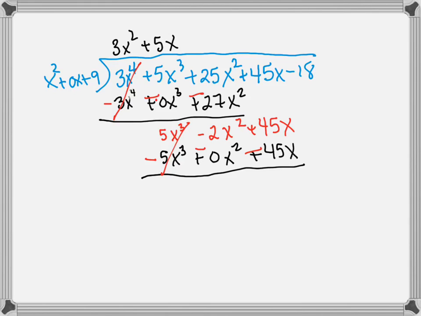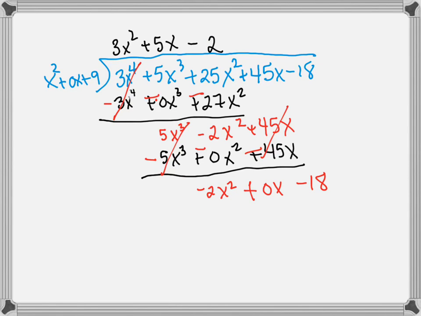I'm going to subtract these, so I will change all the signs and add going down. My x cubes cancel. I have negative 2x squared minus 0x squared is negative 2x squared. I have 45x minus 45x cancels. I have 0x. I will bring down the minus 18. Now x squared times what equals negative 2x squared? That would be negative 2.